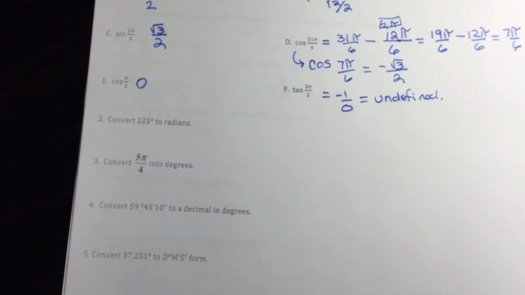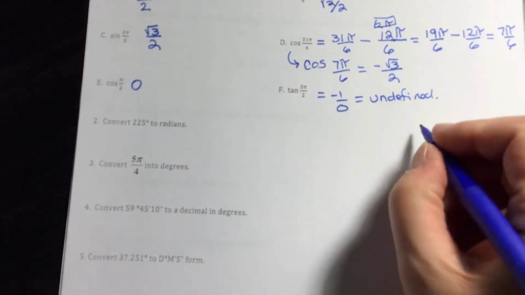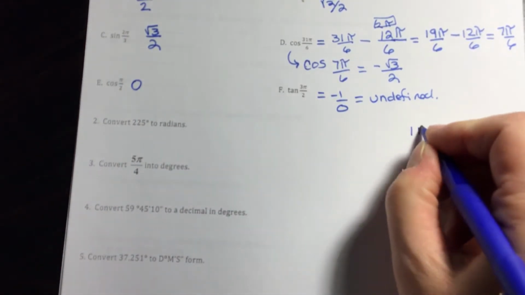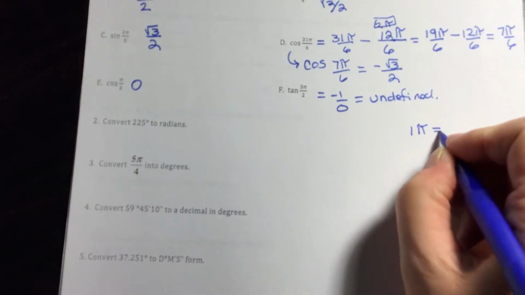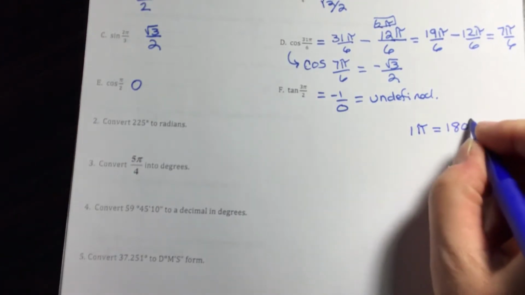Number 2 asks us to convert 225 degrees to radians. All right, so we need to remember that 1 pi radian is equal to 180 degrees.